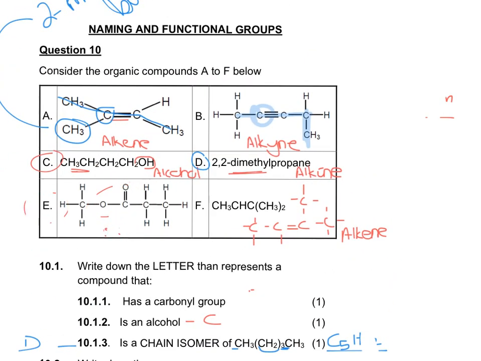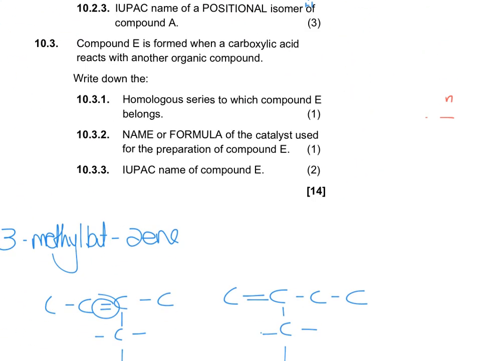Let's get rid of this because when we name the ester, remember, we always break it up by the O. That's a meth-. There's 3, so it's methyl. Methyl propanoate.